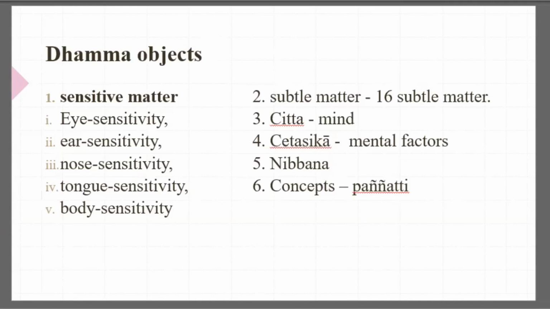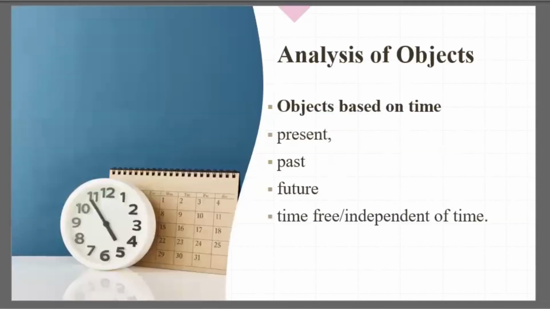Then we also classify objects according to time: present objects, past objects, future objects, and time-free or independent of time. For example, when we are seeing something now, we call it a present object.